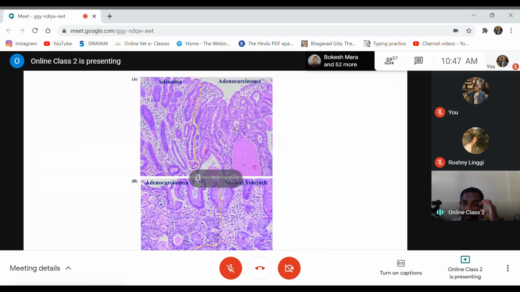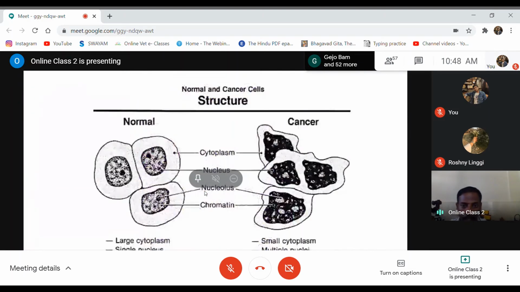Still you can find some glandular pattern, but otherwise see these glands, you don't find the lumen. Sometimes you can also find, see in this picture you don't find any glands, only the epithelial cells are proliferating. You don't find the glandular pattern. So that is a malignant condition. So that is to differentiate different types of epithelium. I have just put this picture.